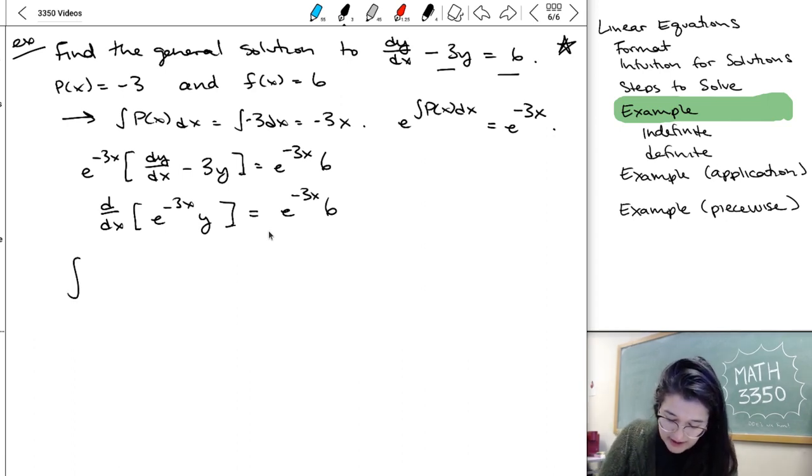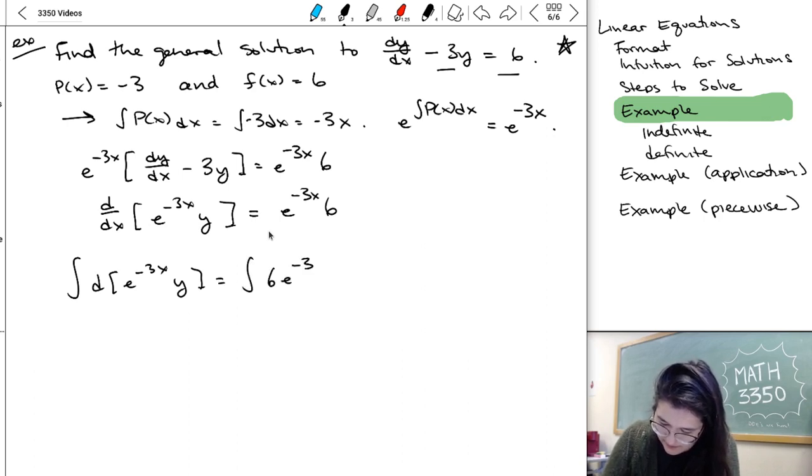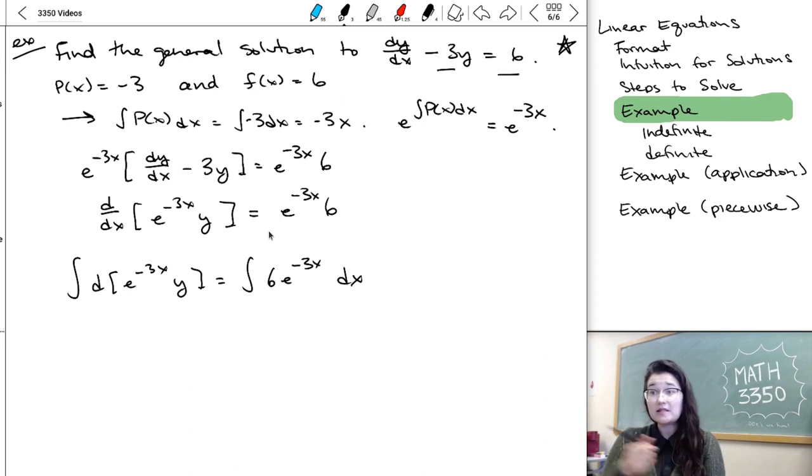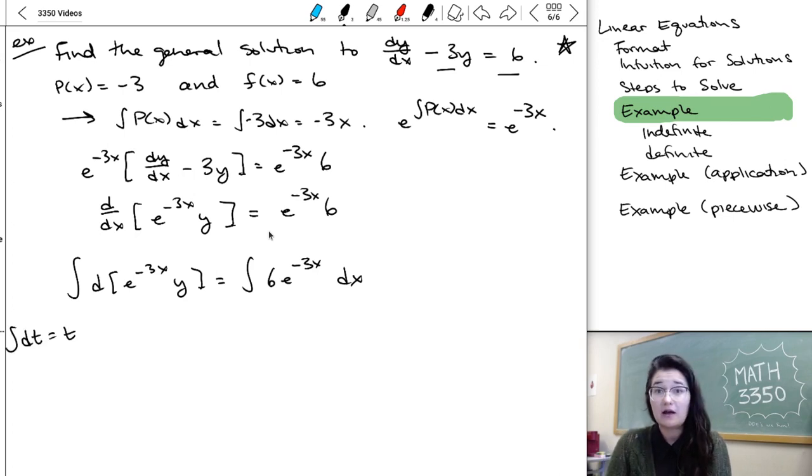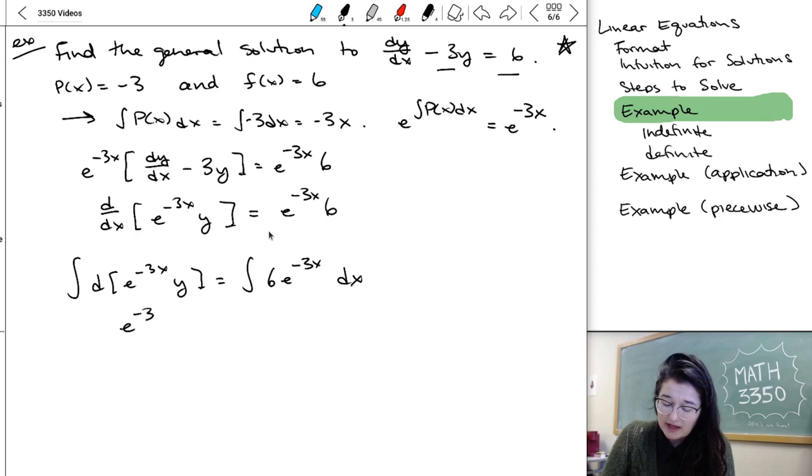So we integrate by moving the dx over to the right side so that we have something to integrate with respect to. On the left side, we're just integrating with respect to this thing in the square brackets. So it's like if you had the integral of dt is equal to t. The integral of d of e to the minus 3x times y is just e to the minus 3x times y.